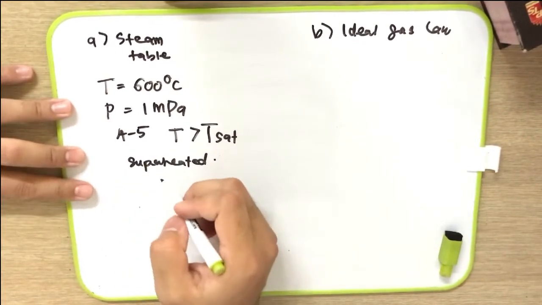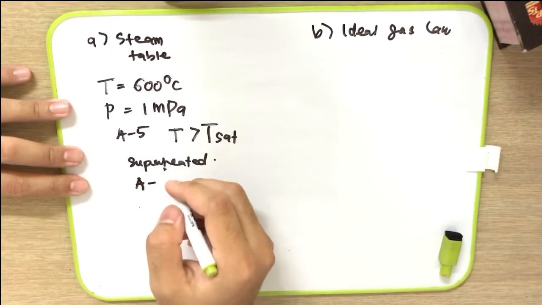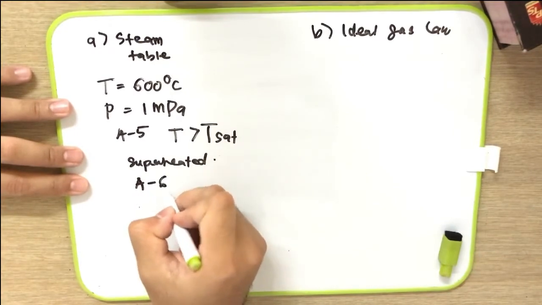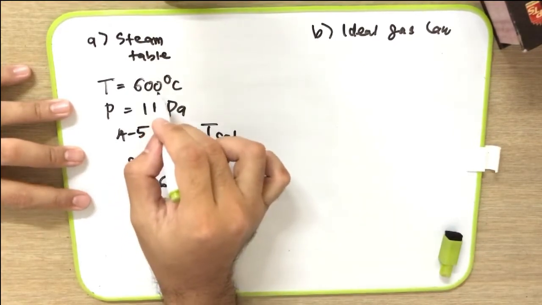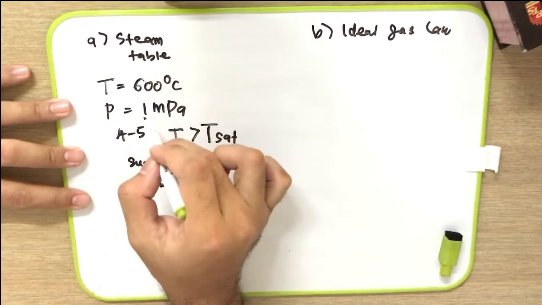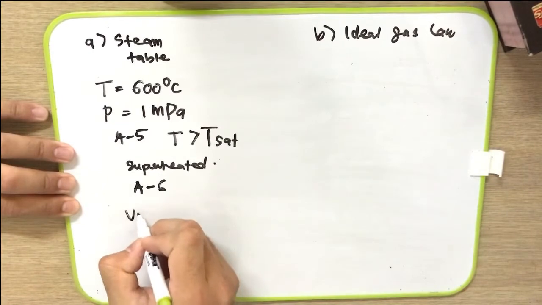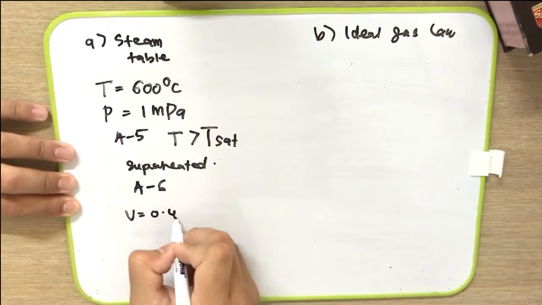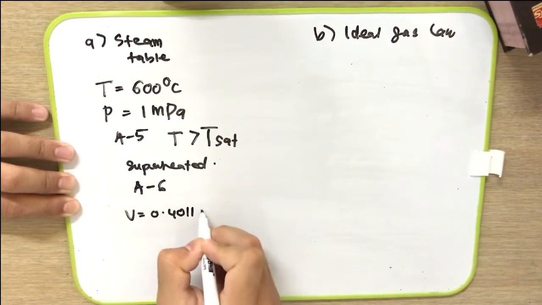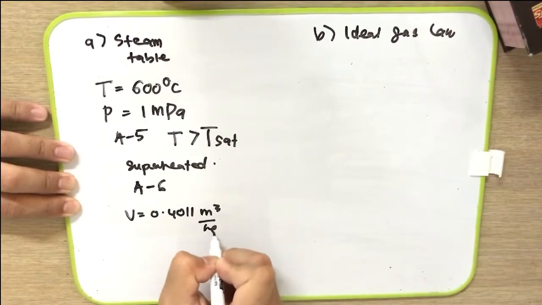So once we know the phase is superheated, we go straight to table A6. So at T 600 degrees C and pressure 1 megapascal, we can find the specific volume is 0.4011 meter cube per kg.